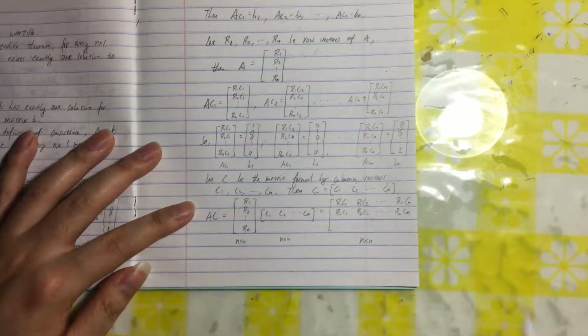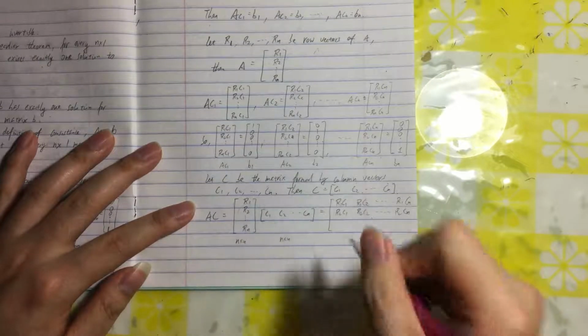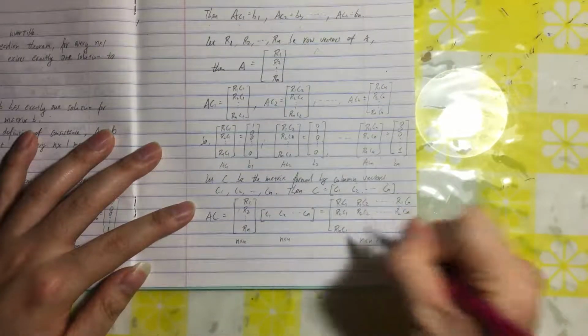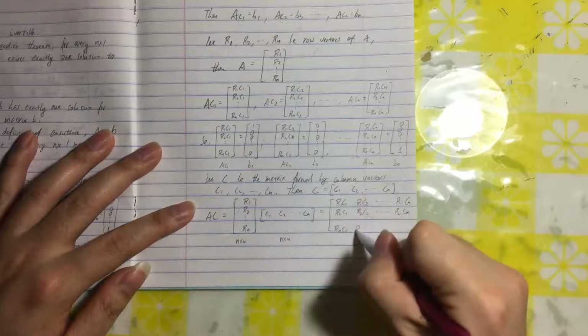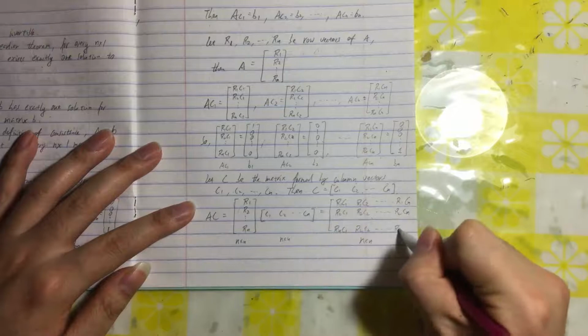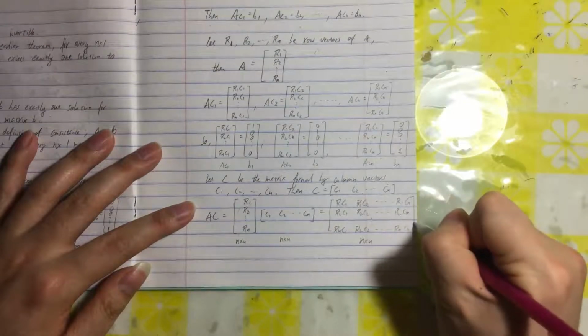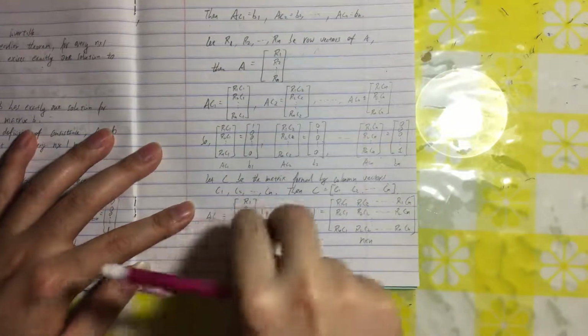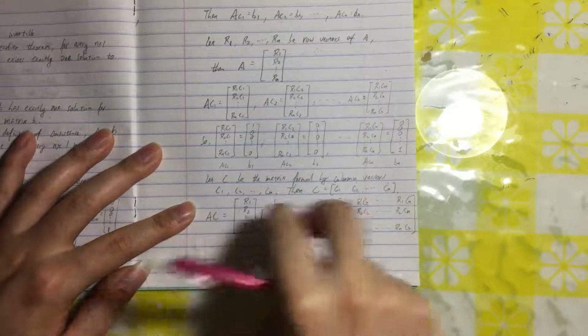Continue until the last row. Last row has Rn times C1, Rn times C2, continue, Rn times Cn. That's how we multiply AC.